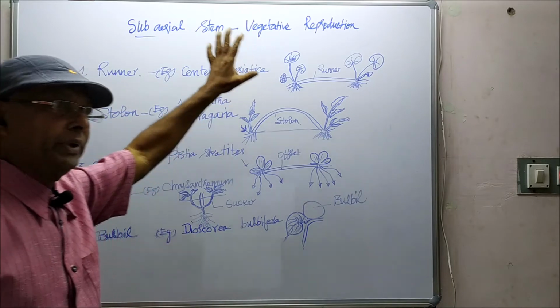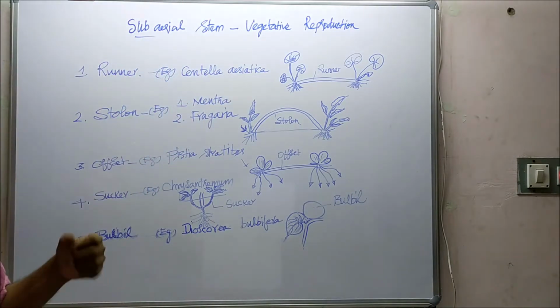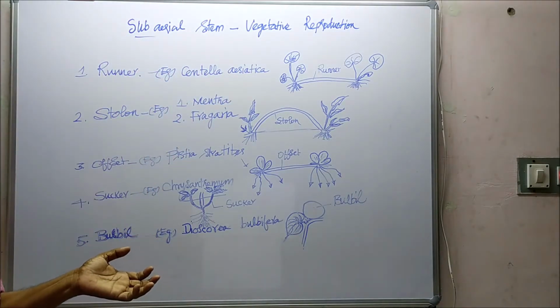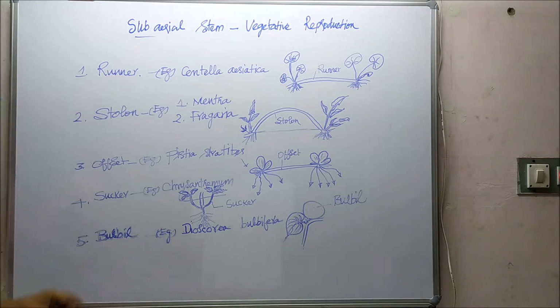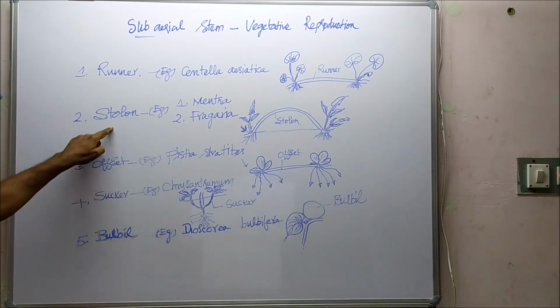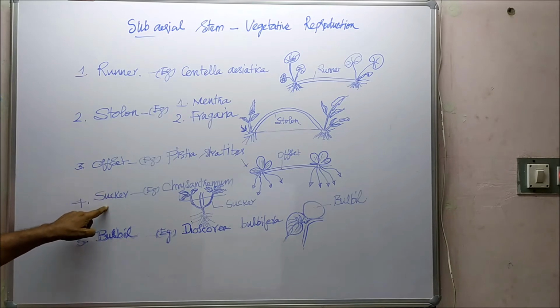Most of the subaerial stems will produce a new plant in vegetative reproduction. The following are considered as the subaerial stem modifications meant for vegetative reproduction: runner, stolon, offset and sucker.